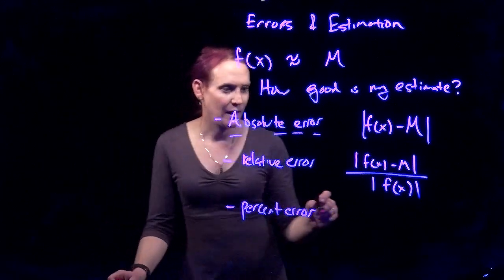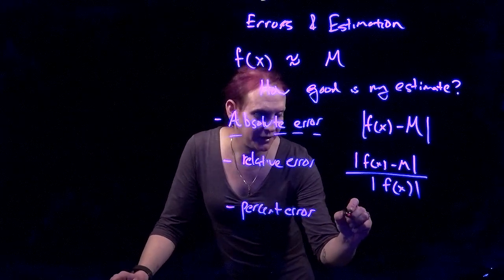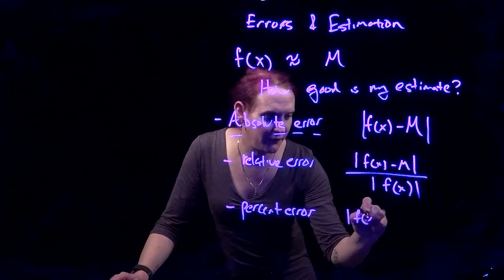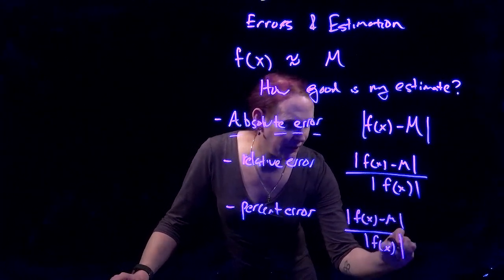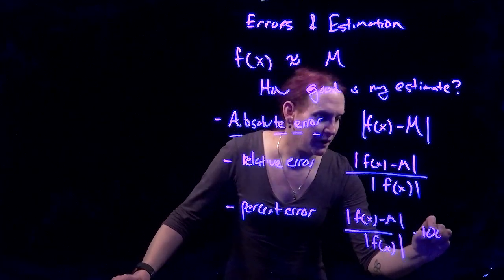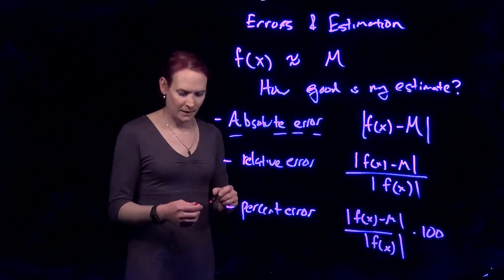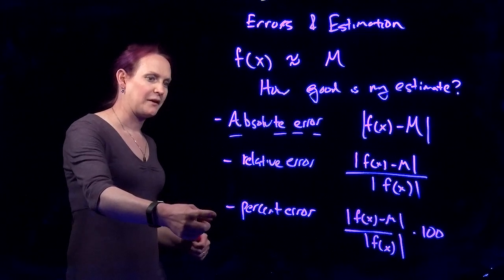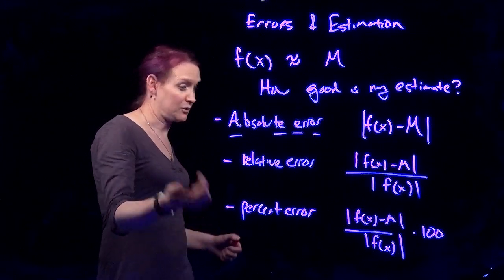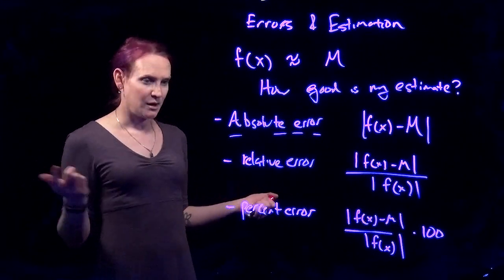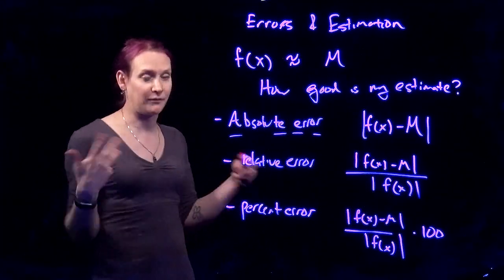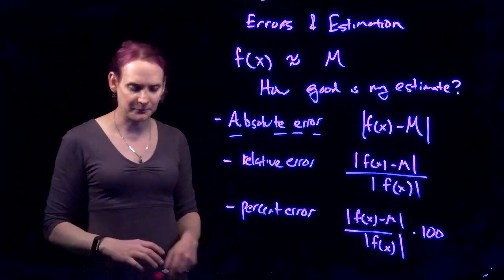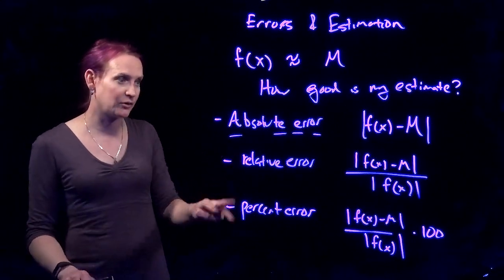We can do that by taking the relative error, the absolute value of f of x minus m over the absolute value of f of x, and multiplying that by 100. So the percent error is just the relative error scaled by 100 to get it into percent world. And the relative error is just the absolute error divided by the size of the thing that you were trying to estimate. So there are these three kinds of errors.